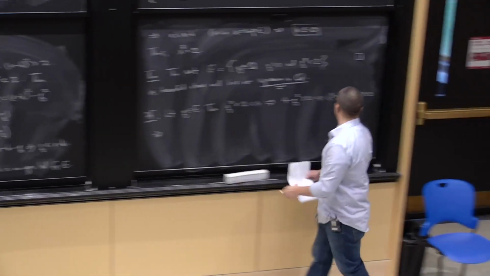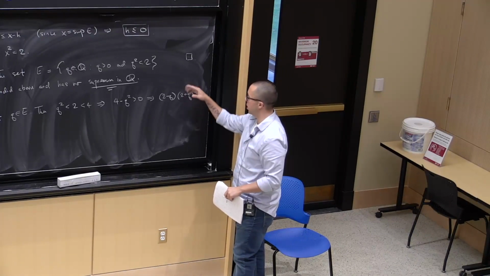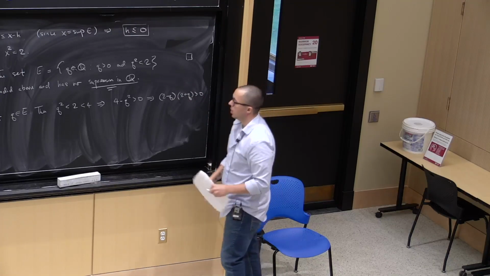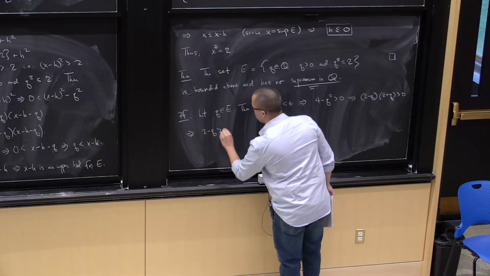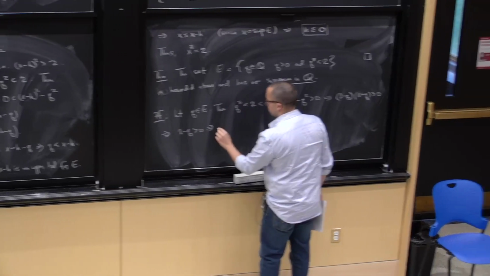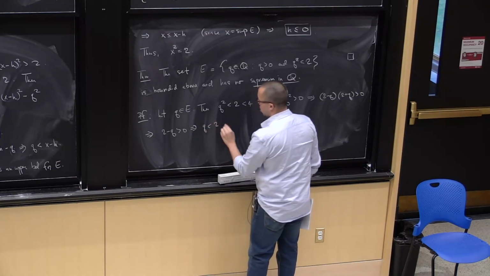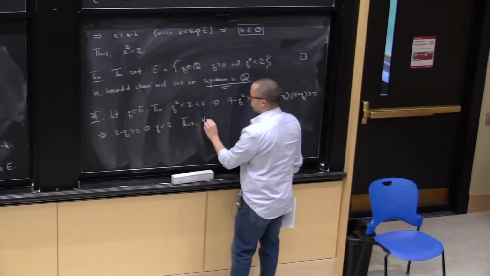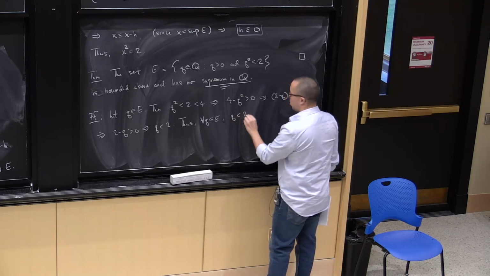Now since 2 is positive and q is positive, 2 plus q is positive, so I can divide both sides of this inequality by 2 plus q without changing the inequality, which implies, I'm just going to flip this inequality, thus for all q in E, q is less than 2.